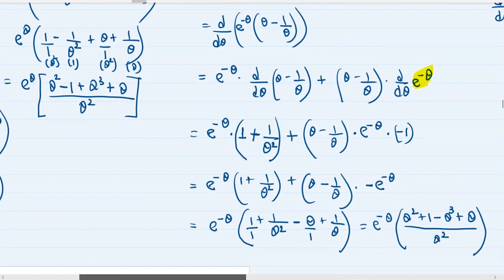We have got minus 1, so there is a sign change, I think. All right, we can simplify that.